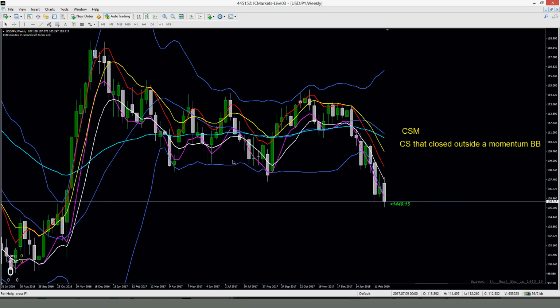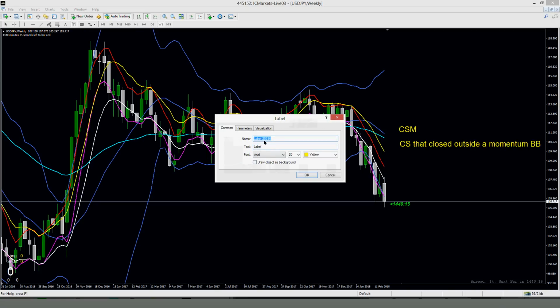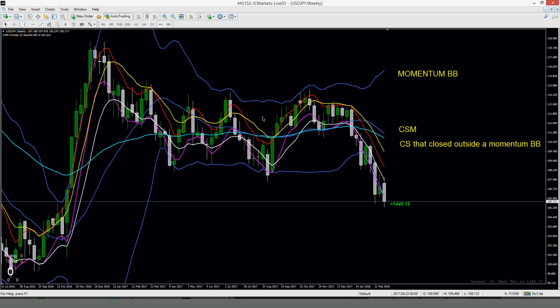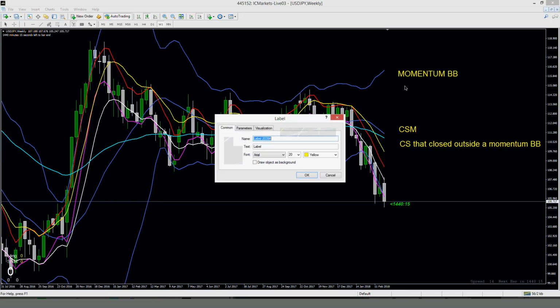So with weekly, first of all, we need to find signals and setup. The definition of CSM in a nutshell is a candlestick that closes outside the momentum Bollinger Band. So what is the momentum Bollinger Band? Let me just write it down for you.